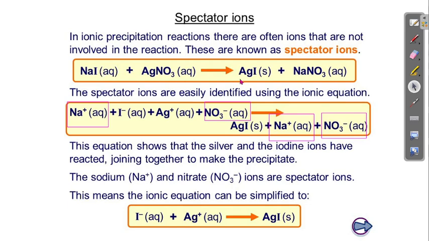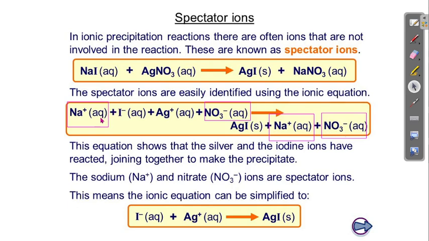Look at this reaction right here, okay? So the spectator ions are easily identified using the ionic equation. You have to break everything into ions. So here's your sodium and your iodine, your silver and your ammonia, polyatomic ion, and so on. So you break everything into the constituent ions, all the ions involved in there.